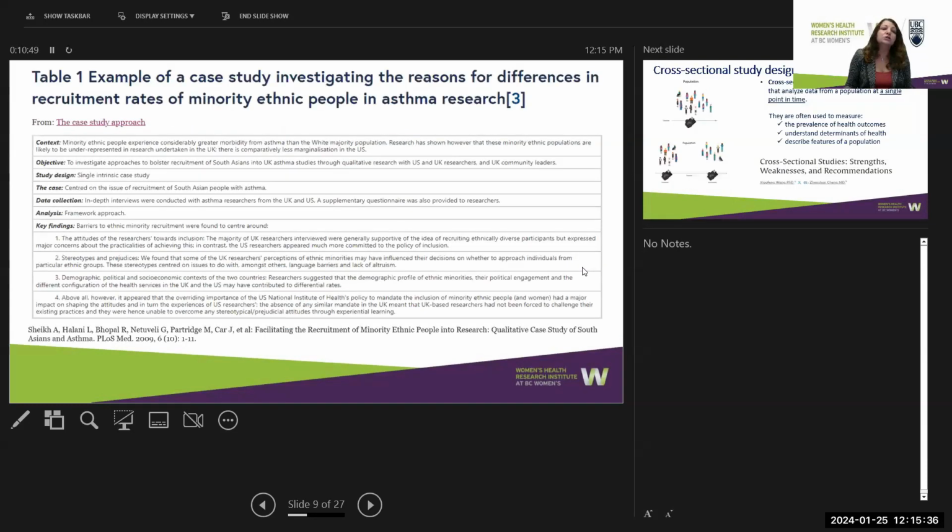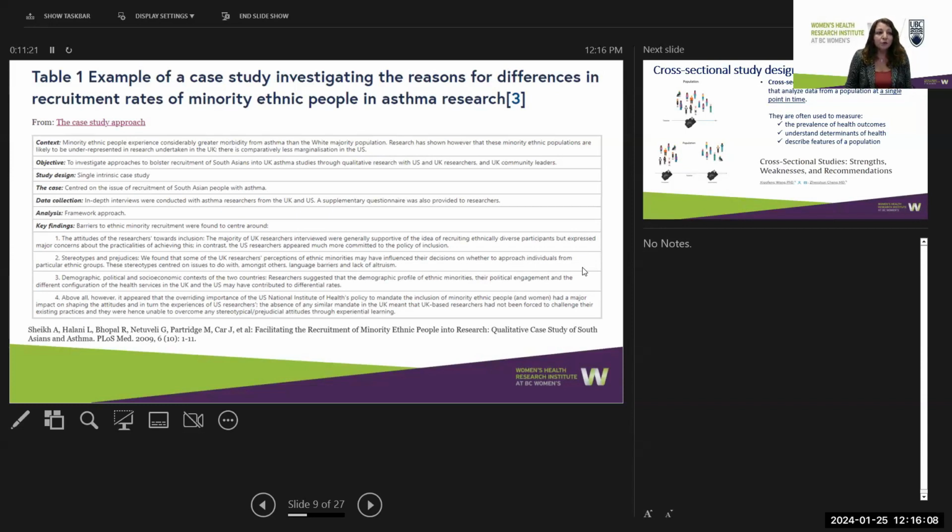And also an additional paper, I just put the table from the paper, it's an example of case studies. So this is an example of a case study investigating the reasons for differences in recruitment rates of minority ethnic people in asthma research. They saw that fewer people from minority ethnicity groups are represented, and they collected the information to answer this question.